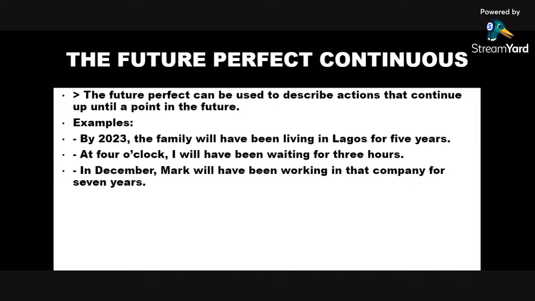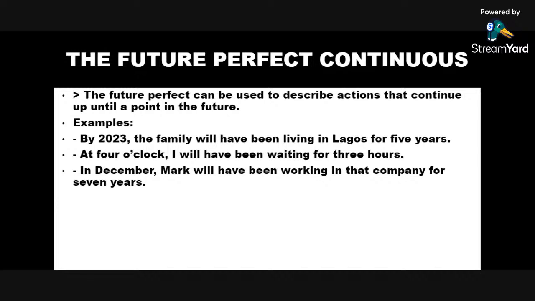Well, remove 5 years from 2023, and what you have will be 2018. So we can say that the family probably came into Lagos in 2018 or thereabout. You can do the math yourself. I may not be quite accurate. But just as an example, you can calculate and say, okay, by 2023, the family will have been living in Lagos for 5 years.